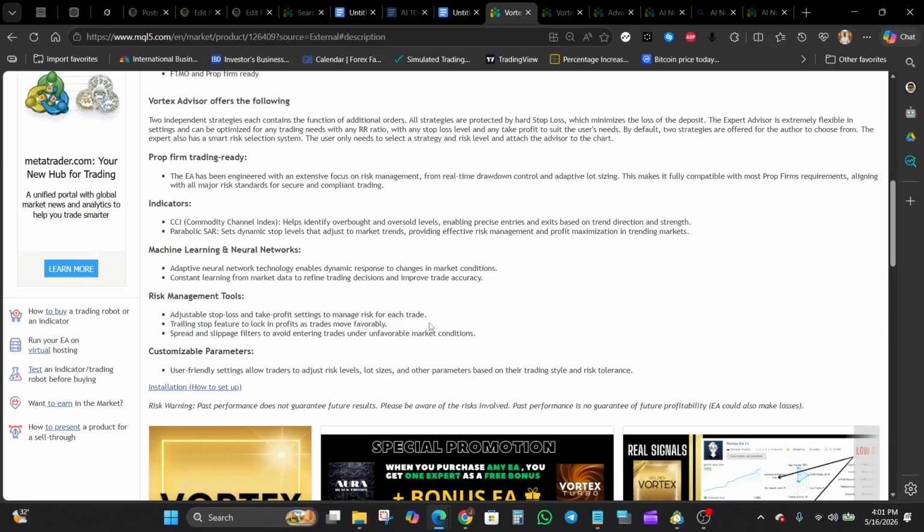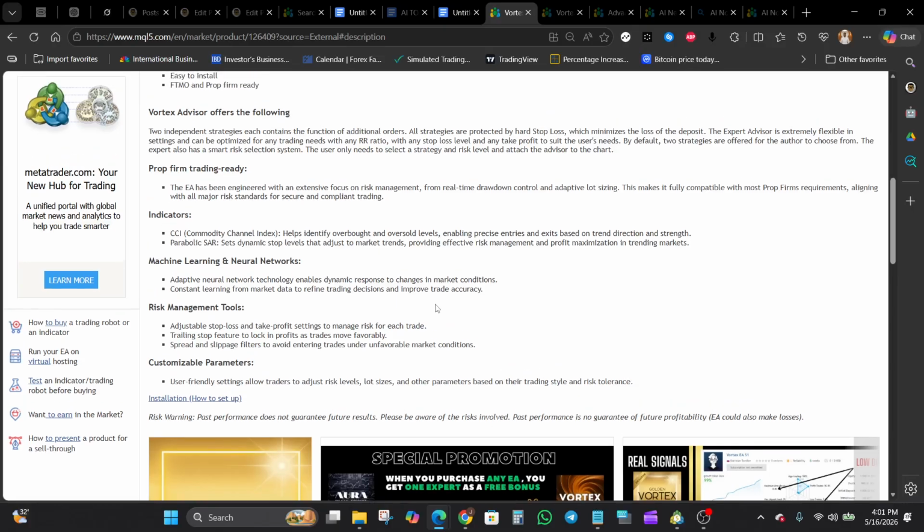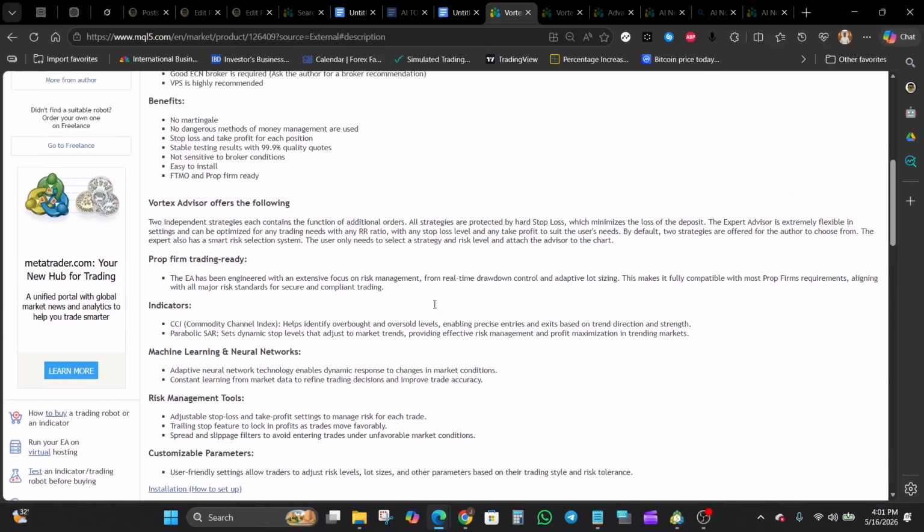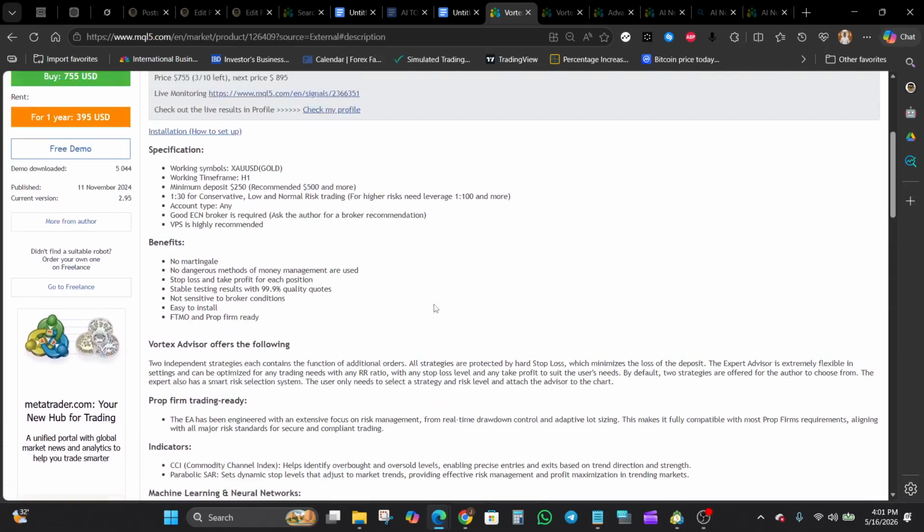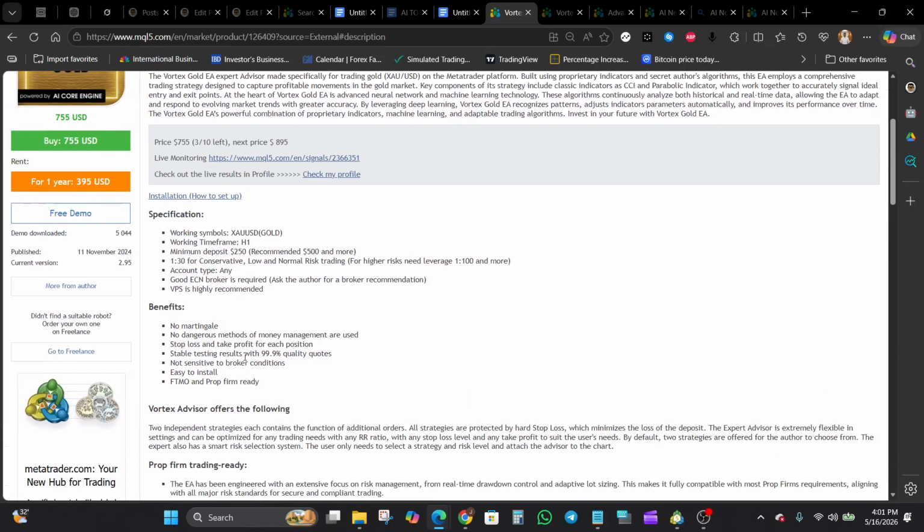Now, moving into the backtesting section, this is where we can start reviewing the historical testing performance and how the EA handled previous gold market conditions. According to the marketplace information, the historical testing was performed using 99.9% quality quotes, which generally provides more detailed historical simulation quality during backtesting.